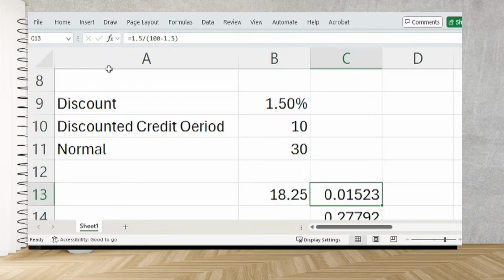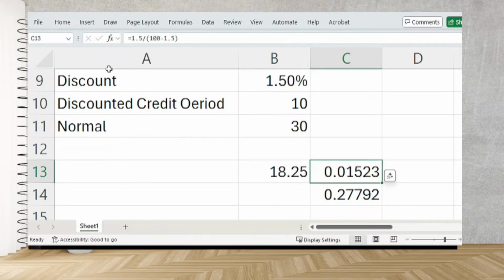Okay, per cycle benefit is 1.5% discount on payment of 98.5, which is 0.015 or 1.52%. Okay, so per cycle we are getting a 1.52% benefit. If I multiply with the number of cycles, then this is basically the yearly saving, which is 27.78%. Clear?